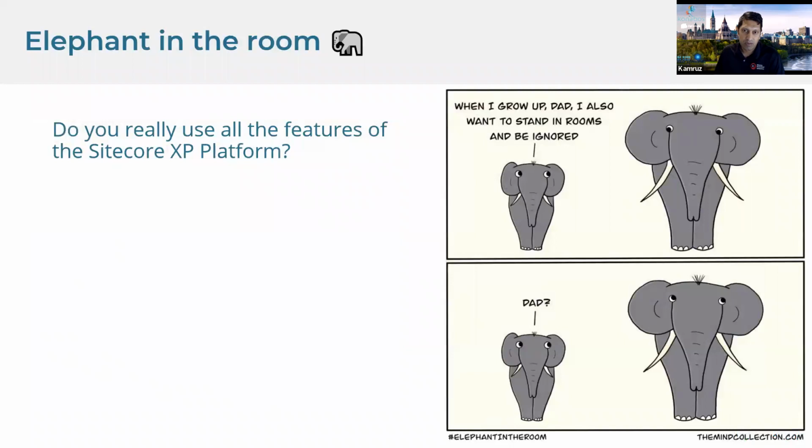And in terms of the feature list, I think what we really have to ask ourselves is, are we using all of the features of the Sitecore XP platform? Sitecore is very, very feature rich, and if people use them properly and well, then you can do a lot of good things with it. But most of the projects we ended up being on were not using the features that they were sold on, for multiple reasons, right?